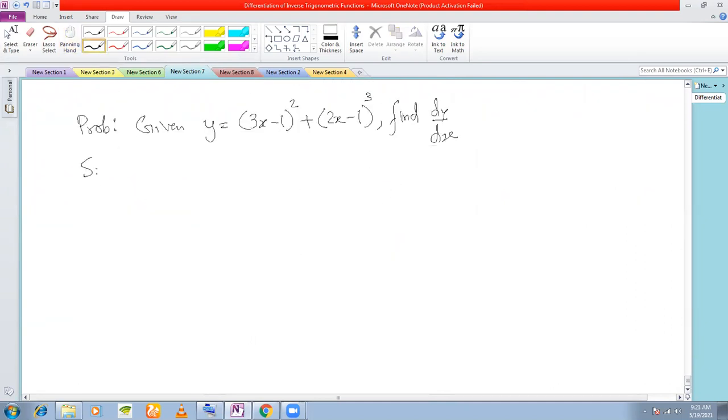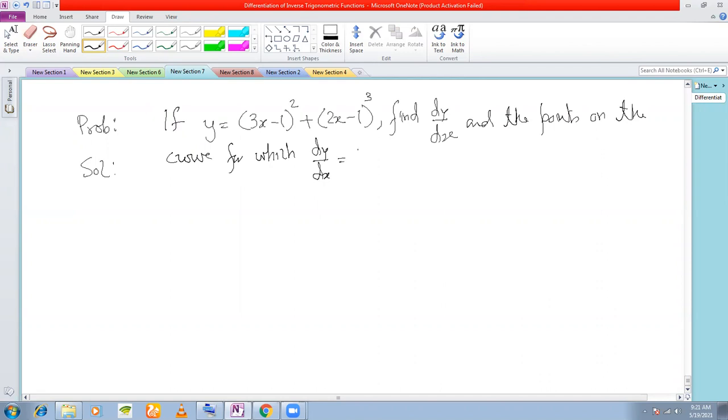Start with the next one. Given here is the problem: if y is equal to this, find dy/dx and the points on the curve for which dy/dx is equal to 0.